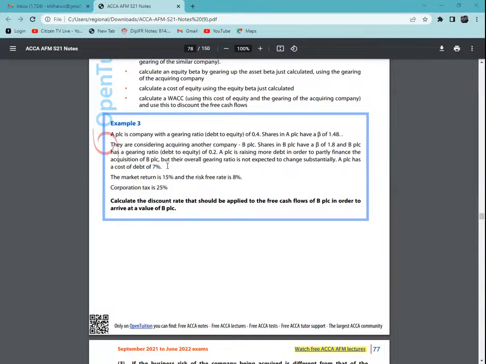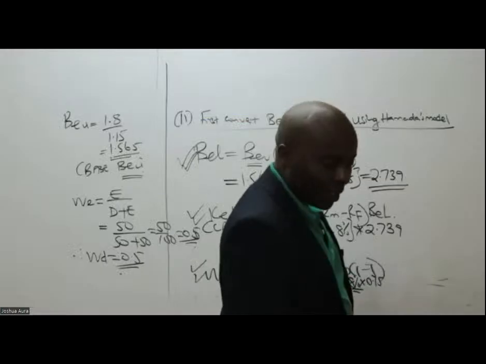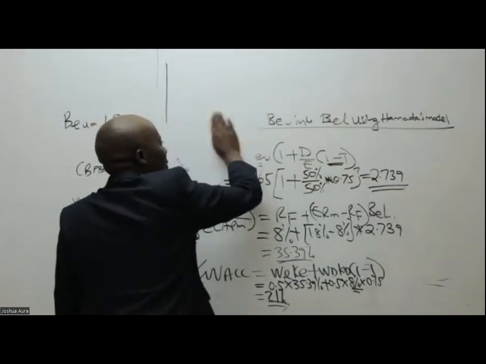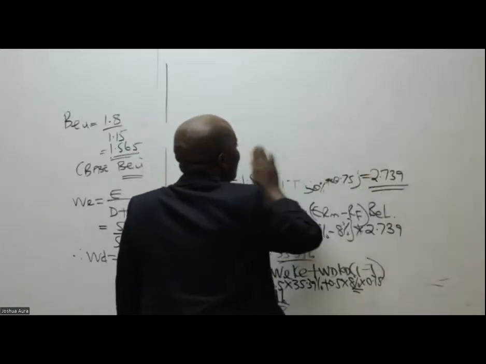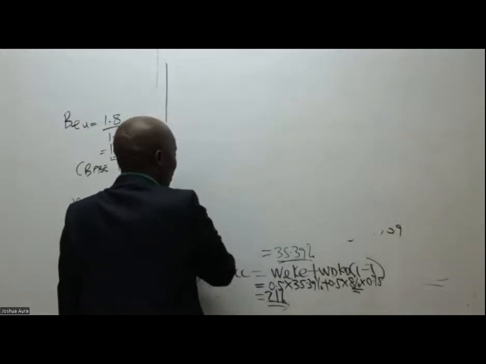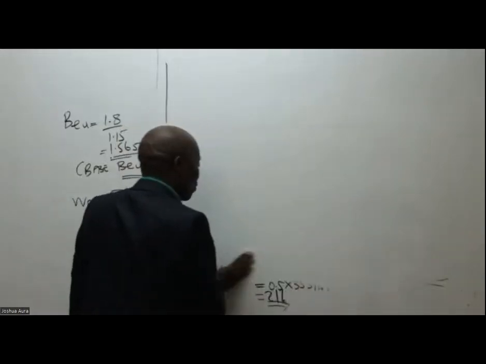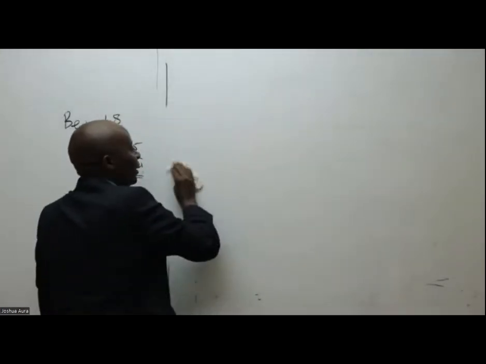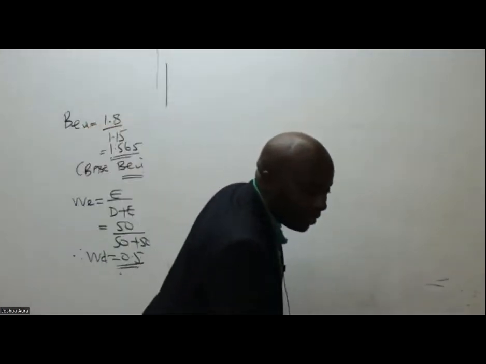Okay. If I'm the one doing this exam, when I hear a company is diversifying to some new industry, I have the concept of the relevant beta. That is where I'll always start from. So come and write in capital letters, RELEVANT BETA.